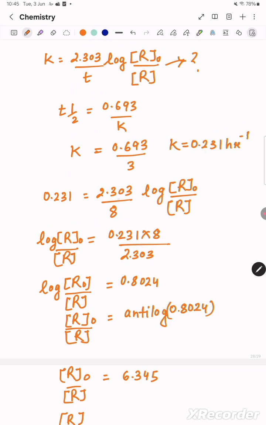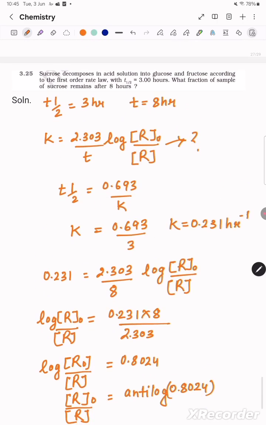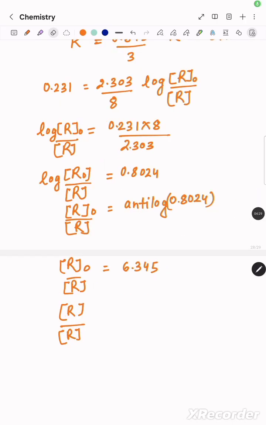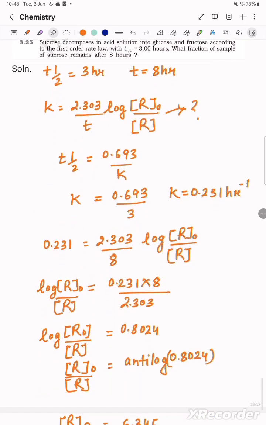The fraction of compound remaining after 8 hours is what you have asked.